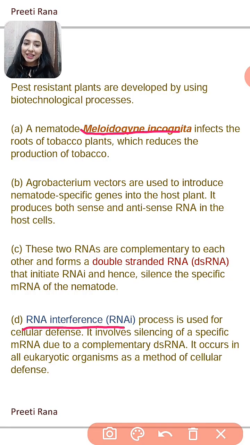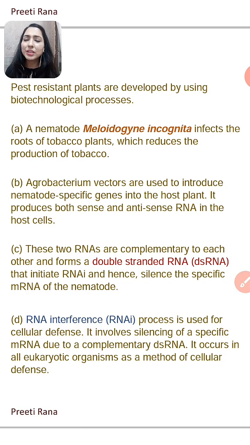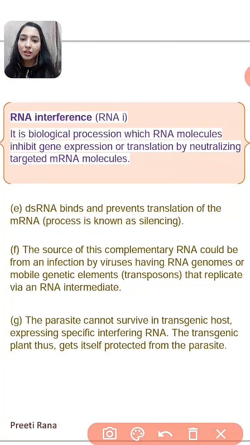RNA interference is used as a cellular defense. It involves suppressing a specific mRNA due to a complementary double strand. It not only occurs in nematodes, it occurs in all eukaryotic organisms as a method of cellular defense.